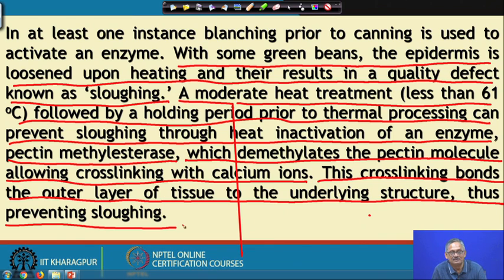So, normally earlier we had said that blanching inactivates enzymes, and we also gave some examples like a cut piece of potato or a cut piece of apple. There blanching helps, inactivation is possible, but in some cases activation is also done. For example, where slugging is appearing, the structural tissues are preserved so that slugging is not there.